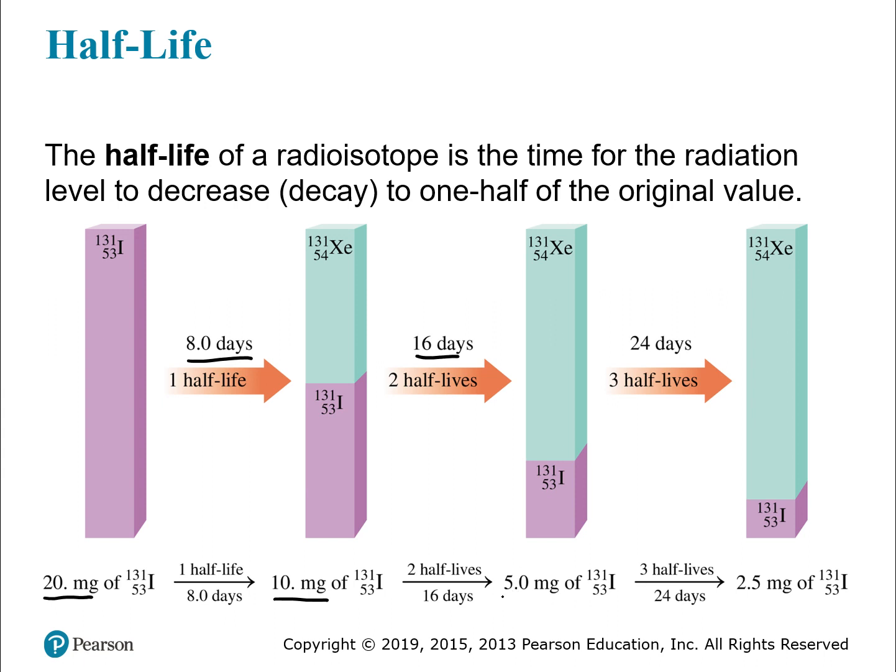So you now have 5 milligrams, half of what you had after the first half-life. And if you wait an additional 8 days for a total of 24 days, that's 3 half-lives. So you now have 2.5 milligrams of your radioactive isotope.